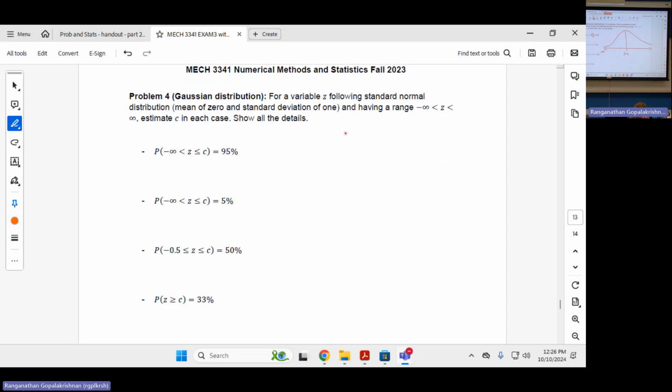First tell me, is C going to be here or is C going to be here? You can draw it to the left or to the right of 0. What is the correct way to represent the value of C?